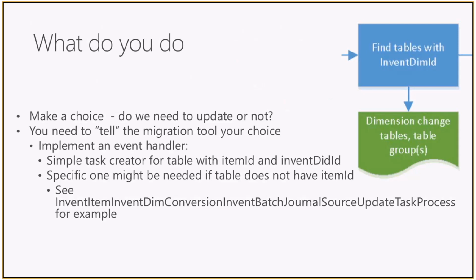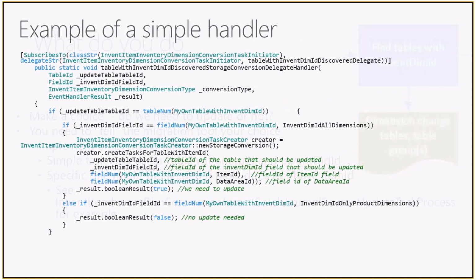The way you tell us the answer to those questions is by implementing an event handler. So I'm going to show you a simple example of that here. This is all that's needed to tell us what to do in both cases. You just have to write an event handler that handles our event.